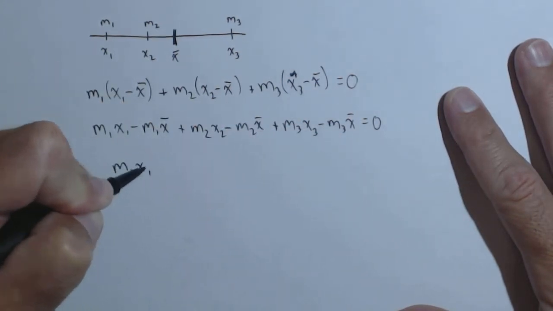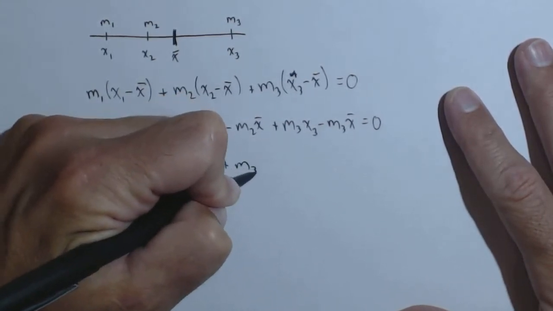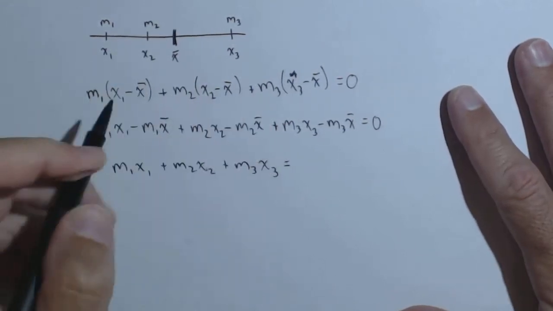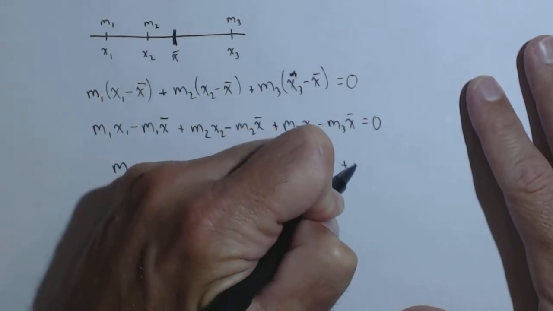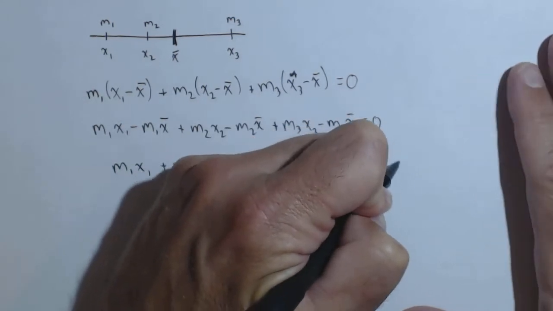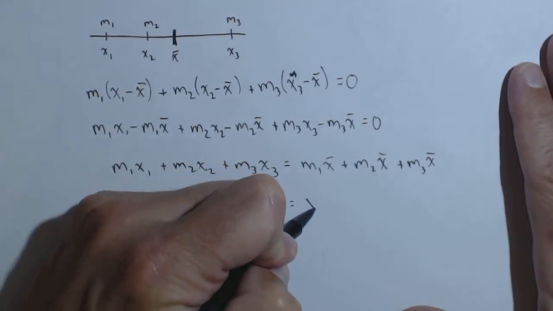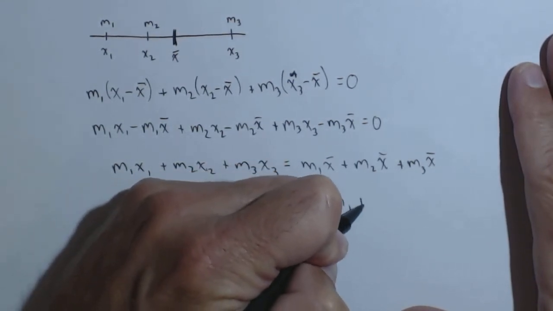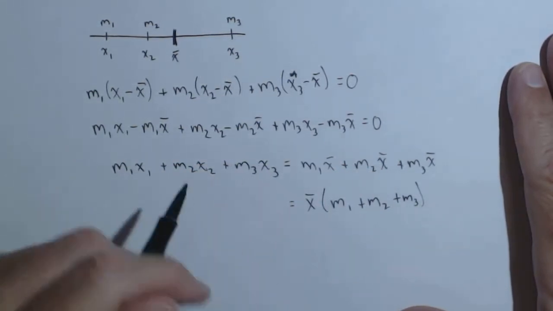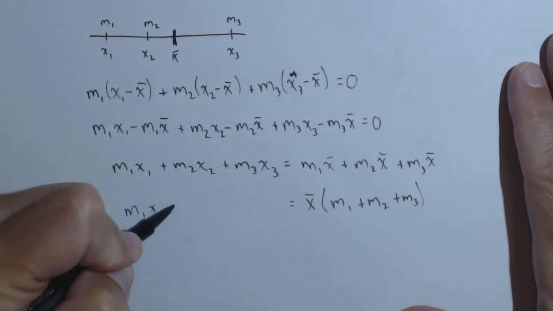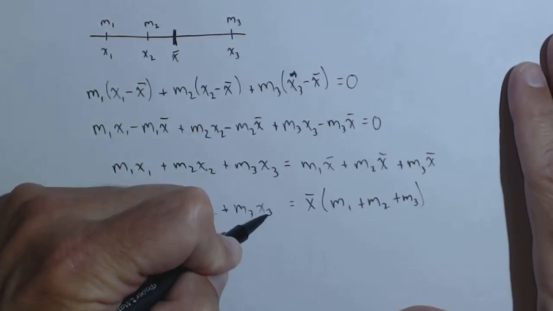So I have m1 x1 plus m2 x2 plus m3 x3 equals, now over on this side, m1 x bar plus m2 x bar plus m3 x bar. So on this right hand side, I am going to factor out x bar, and I get m1 plus m2 plus m3. Over on the left hand side, there's nothing I can factor out. It's just going to be m1 x1 plus m2 x2 plus m3 x3.